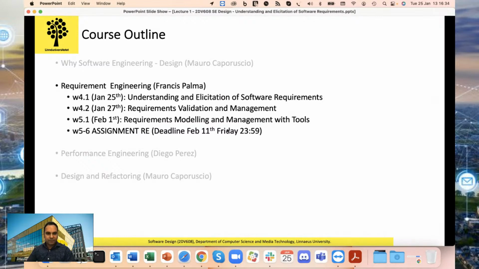In the first 2 lectures, we will talk more about theoretical aspects of requirements analysis and requirements specification. And then in the third lecture, we will work more using tools and do some hands-on sessions. The first 2 lectures will be as usual, like 2 hours or 1 hour 45 minutes maximum.